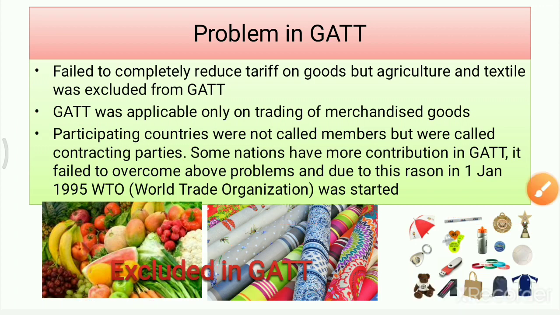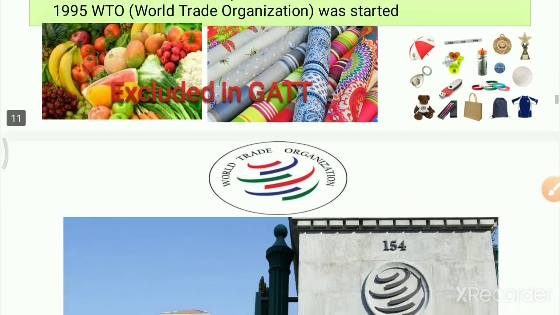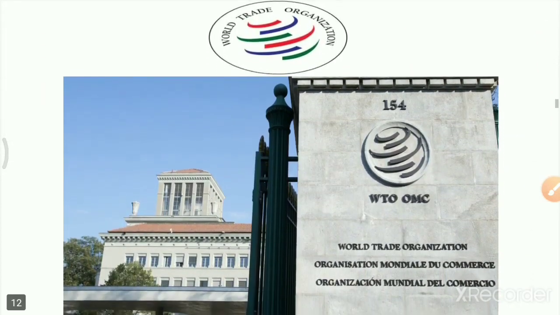Another lacuna in GATT was that the participating countries were not called members; they were called contracting parties. And in GATT there was the influence of a few countries, and other countries did not have any influence. That's why it led to the formation of another organization, known as WTO.